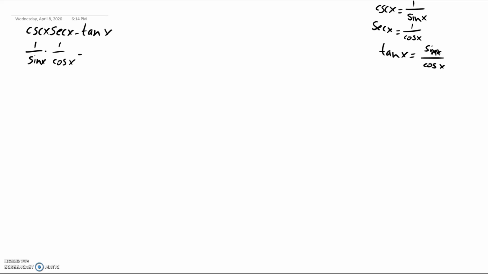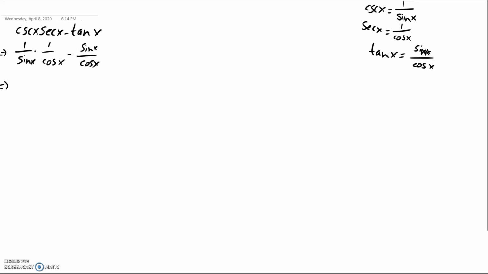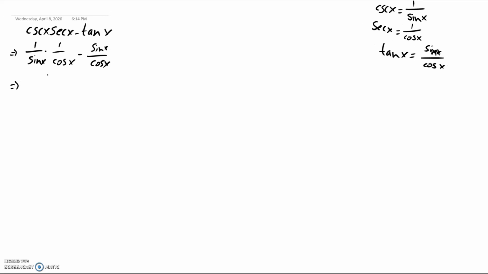Cosecant x minus tan x is sine x over cos x. Okay, this is our second expression. Now we will combine these and we are going to have 1 over sine x minus sine x over cos x. Now look, what do you see?